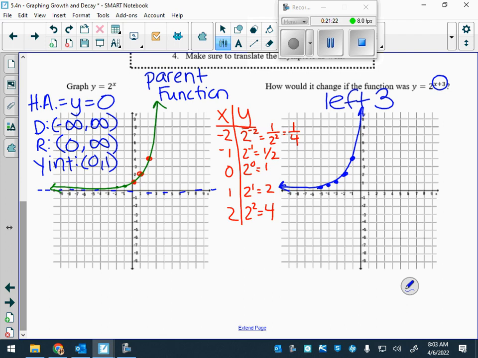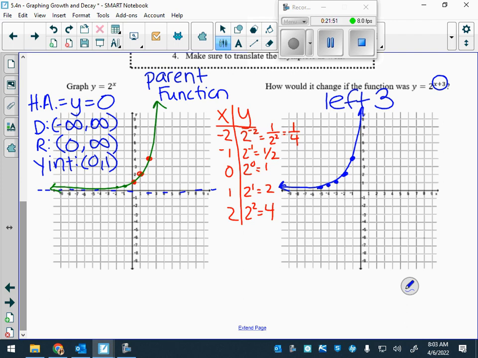Now, some of you might automatically plug in these values. Okay, so if you were to plug in those values to the equation, you have -2 plus 3, which is 1, right? So 2 to the first is 2. So -2, 2, if you just plug in these values, you are not going to see those bottom 3 points.